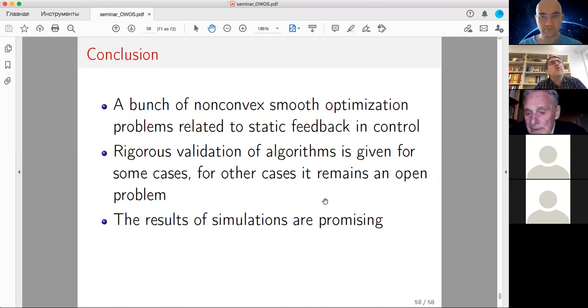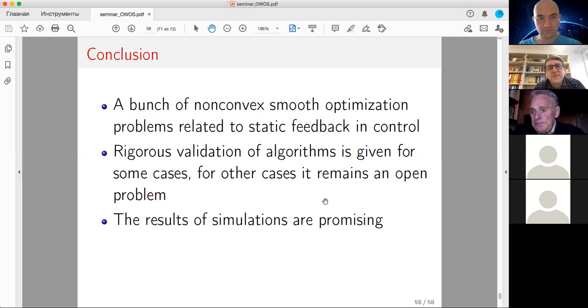But then the question is, wouldn't it be better to combine this gradient step with a projection step to project on the set S0? It is another opportunity. We didn't try it, but it's possible. A possible approach.